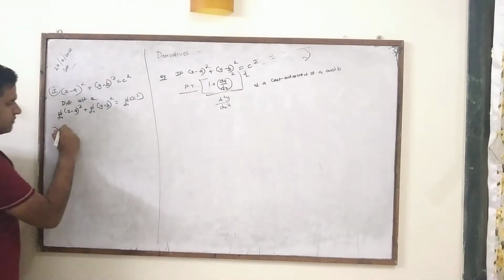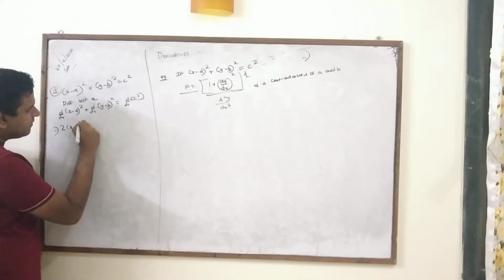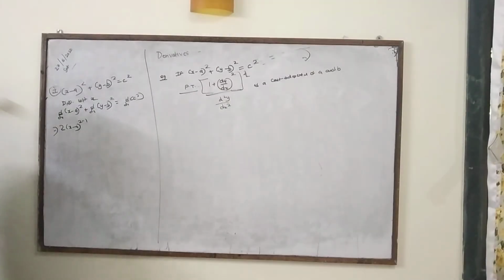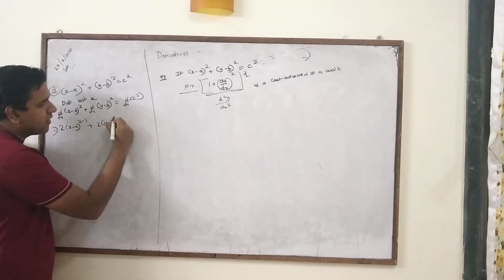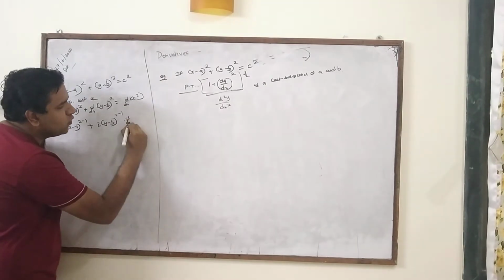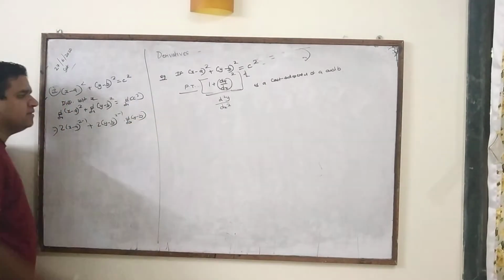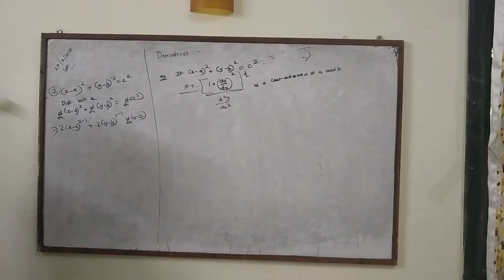This effectively becomes 2(x minus a) raised to 2 minus 1 by the x raised to n formula plus 2(y minus b) raised to 2 minus 1 into d by dx of (y minus b). I did not do d by dx of x minus a because d by dx of x is 1, d by dx of a is 0. I presume by the end of derivatives you would have understood that much.